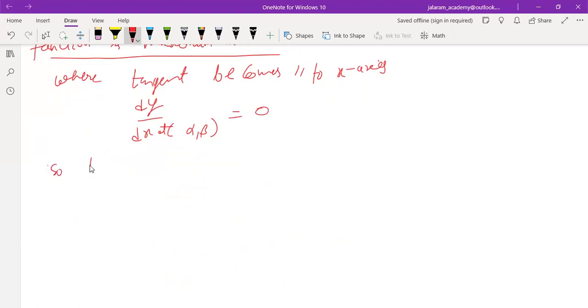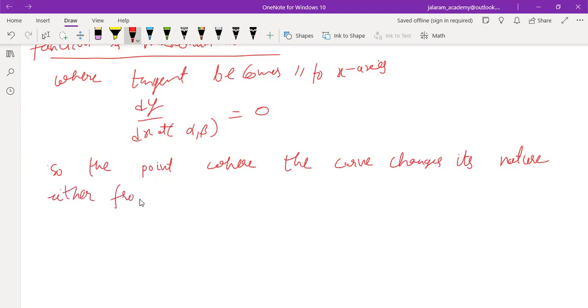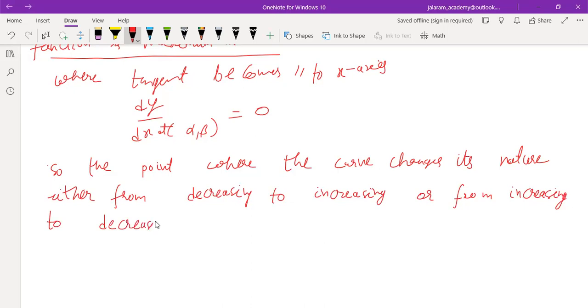So the point where the curve changes its nature either from decreasing to increasing, or from increasing to decreasing.